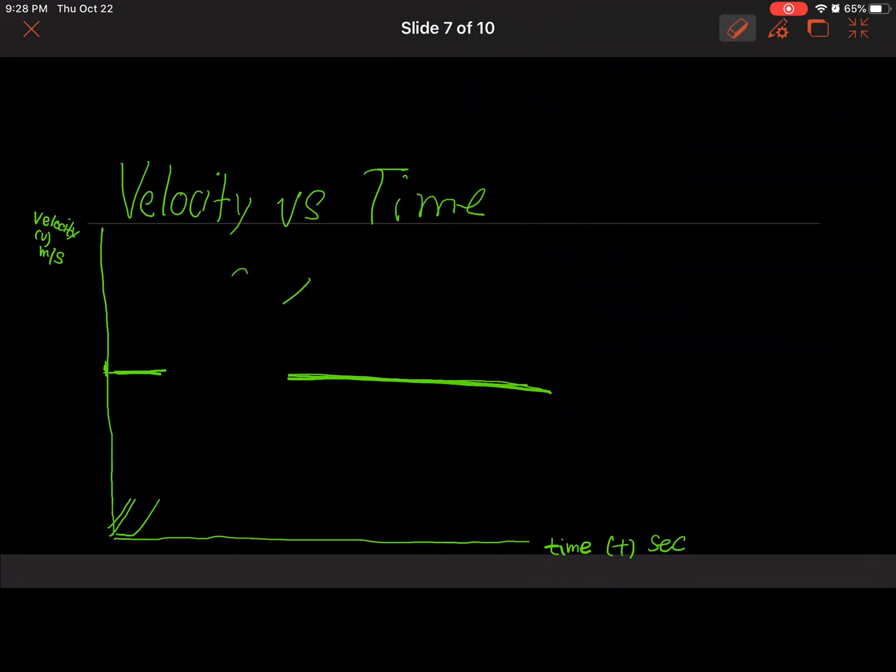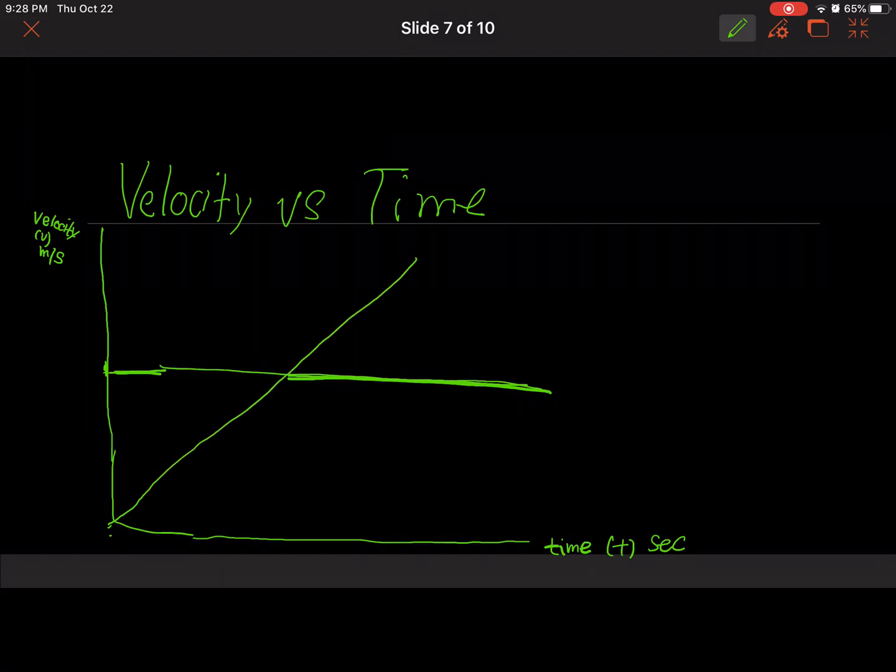All right, that should do it. I may need to redraw some stuff. So if the velocity is changing constantly, which we'll talk about in the next slide, then the slope is constant, and this kind of problem you can actually deal with, which we will in the next slides.